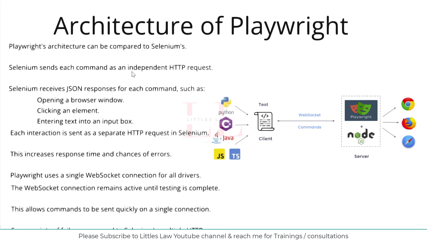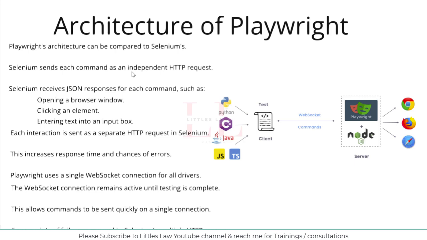So on a technical note, instead of connecting with each driver, which is each web driver, through a separate WebSocket connection, Playwright relies on a single WebSocket connection to communicate with all the drivers. That means it remains in place until all the testing is finished.